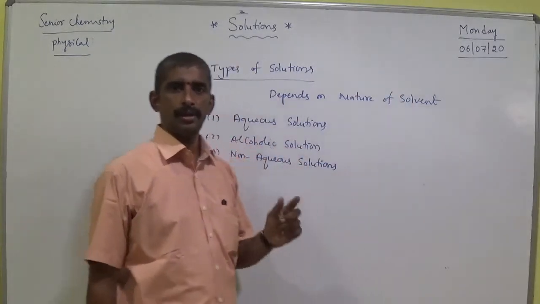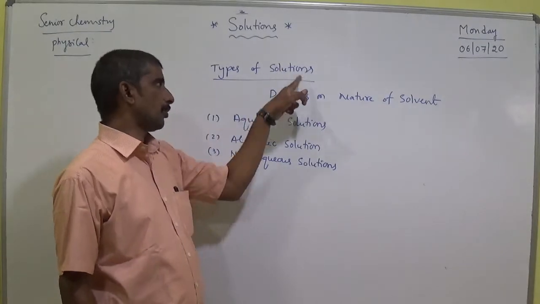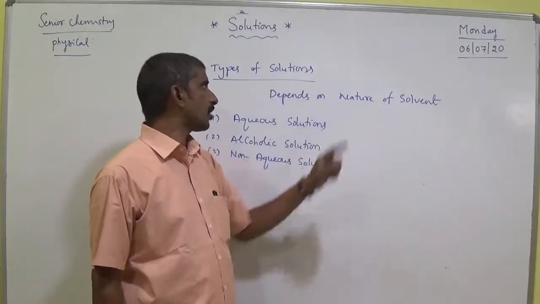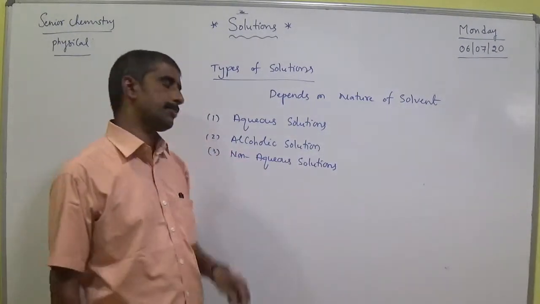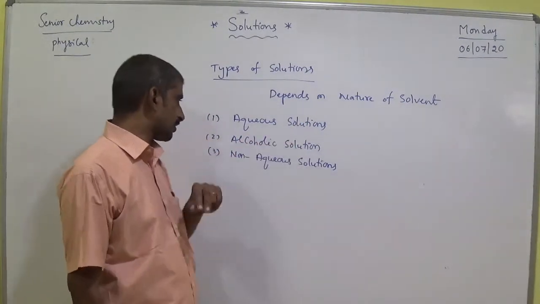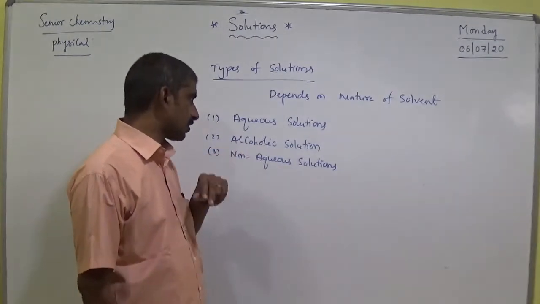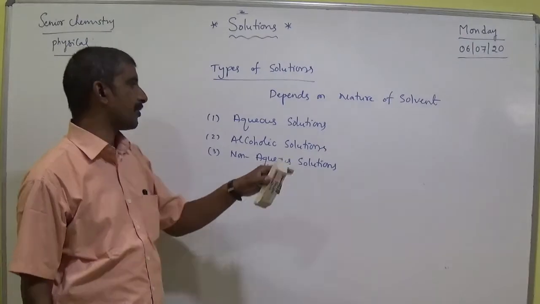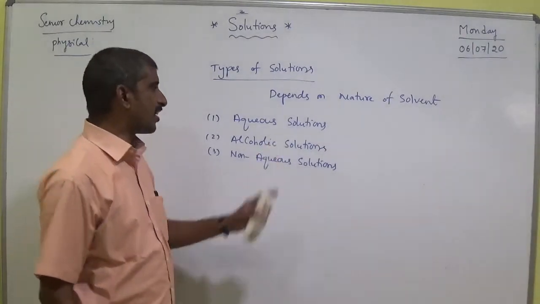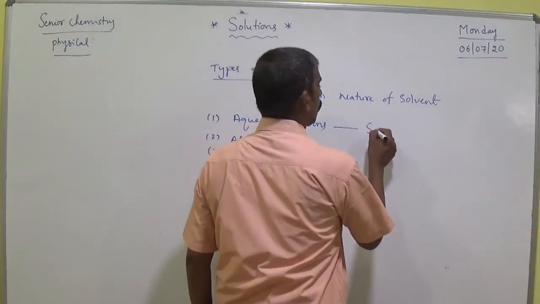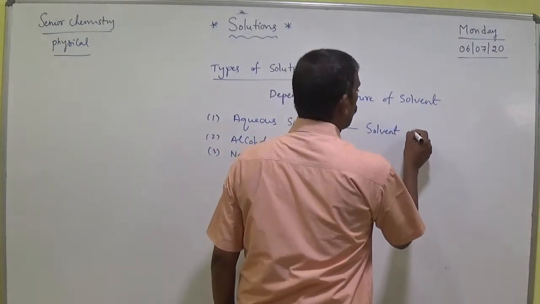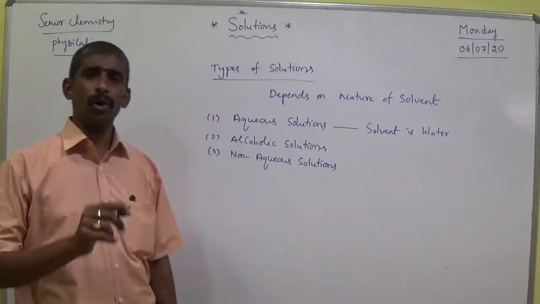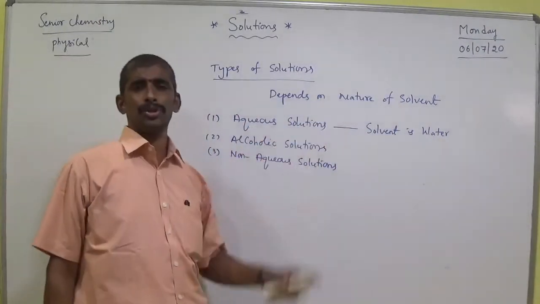This first classification I have given, types of solutions, depends on the nature of solvent. Solutions can be classified into three types: aqueous solutions, alcoholic solutions, and the third one is non-aqueous solutions. In aqueous solutions, the solvent is water.